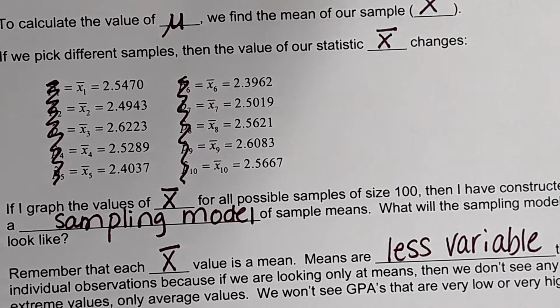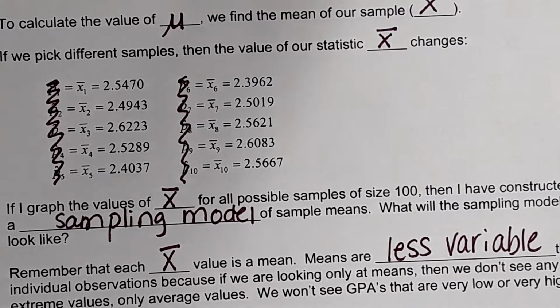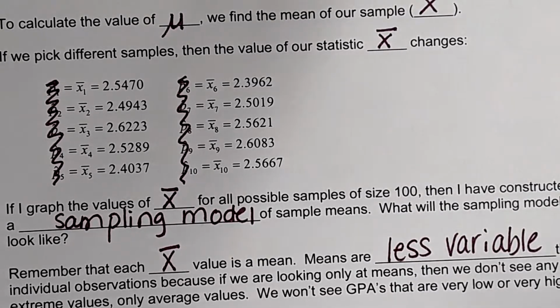We're taking individual values, finding the average of those 100, and getting the average for that group. So means are less variable than individual observations. That's really important.